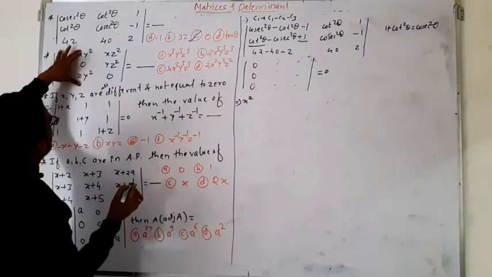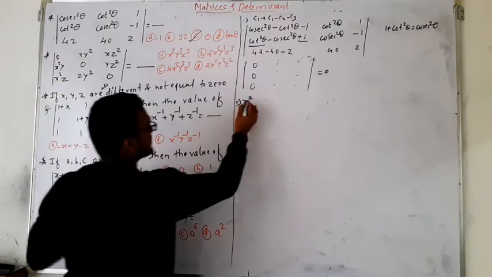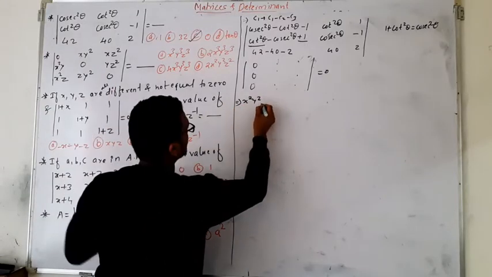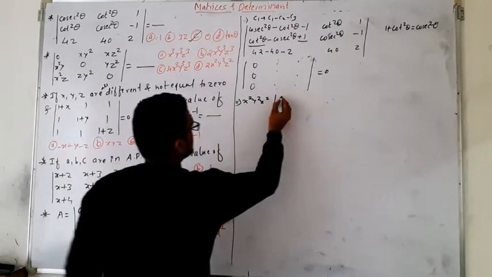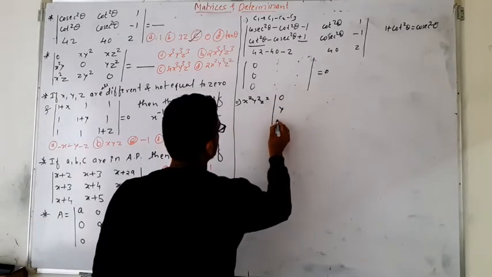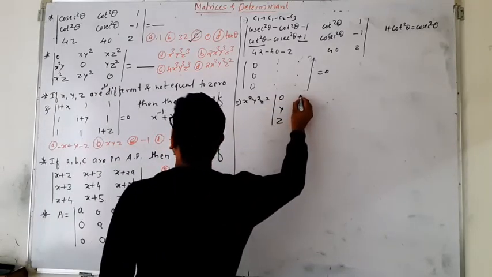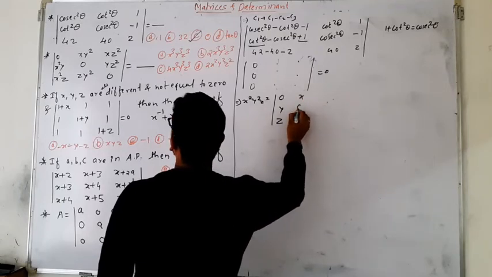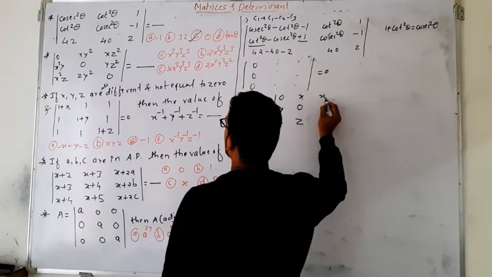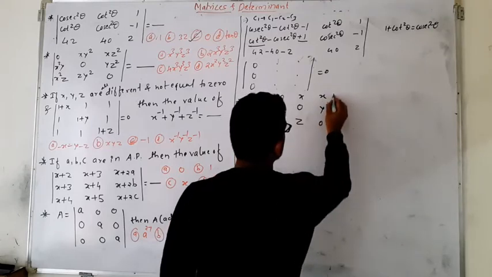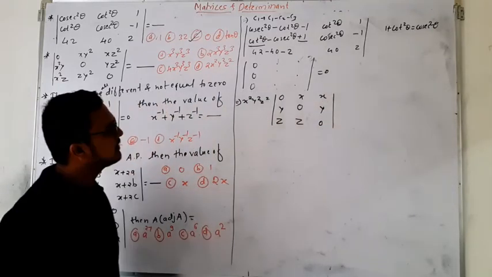Second column, what is common? Y square is common. Third column, z square is common. What is left in the determinant now? That is 0, y, z. Next is x, 0, z. Next, that is x, y, 0. These elements are left here.